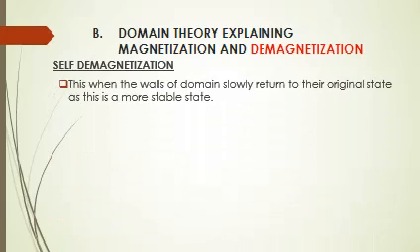Self-demagnetization is when the walls of domains slowly return to their original state, as this is the most stable state. You see these tiny magnets slowly returning to their original state to become more stable.